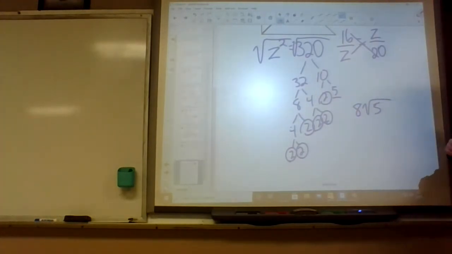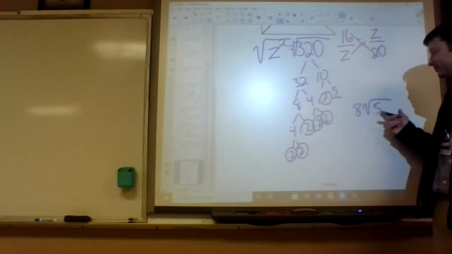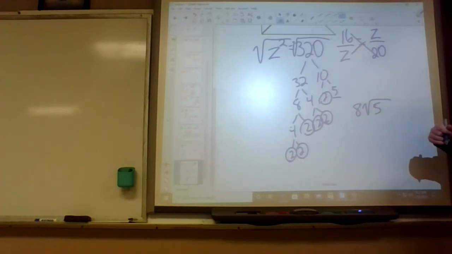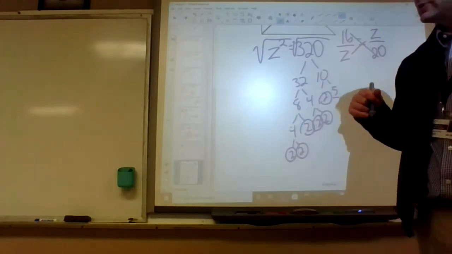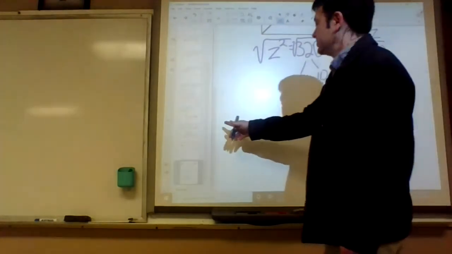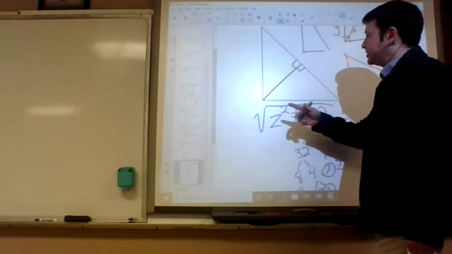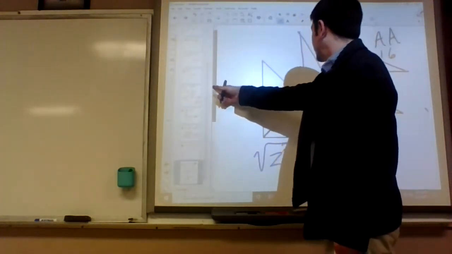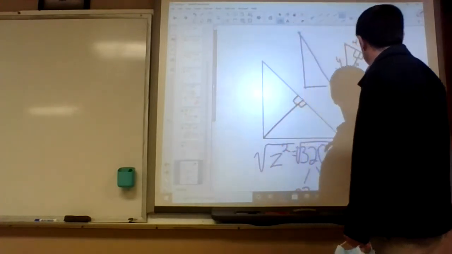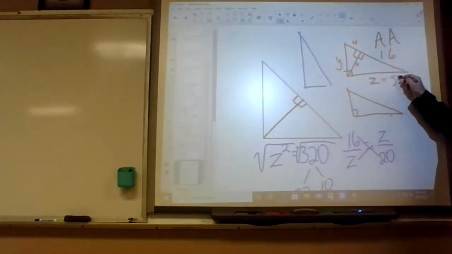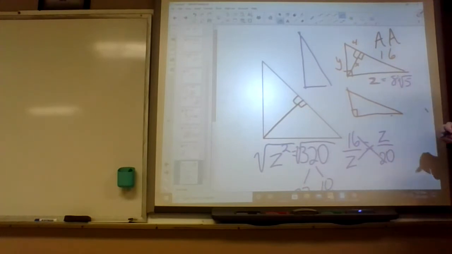I think I'm going to let you guys put a decimal though. We'll say square root of 320 is whatever the decimal version of that is would be okay. Anyway, we just solved for Z here. 8 square root of 5. And we still have to solve for the other ones.